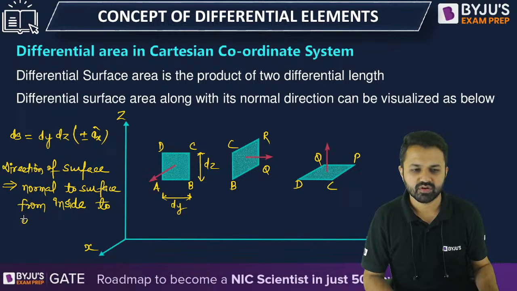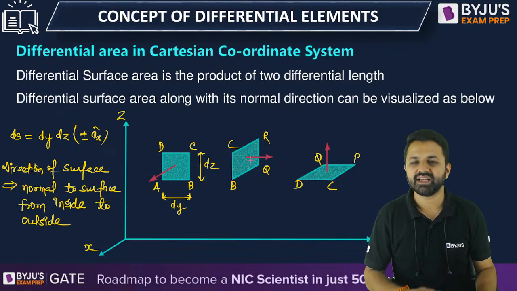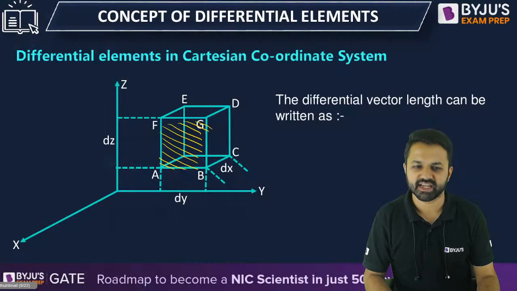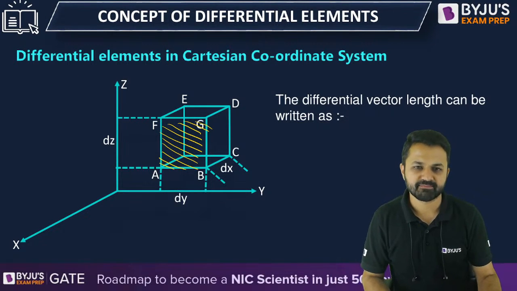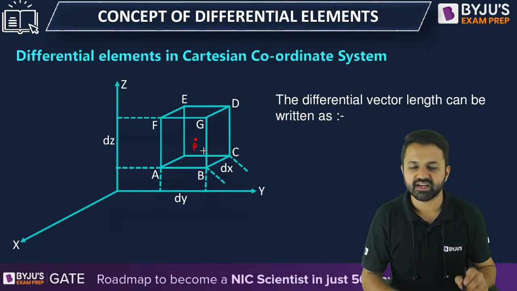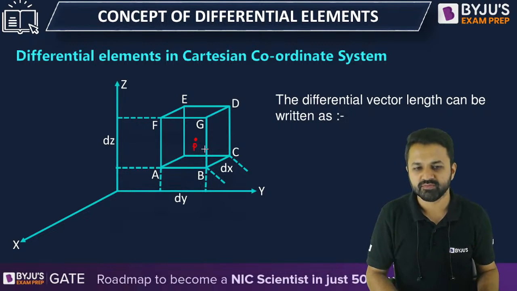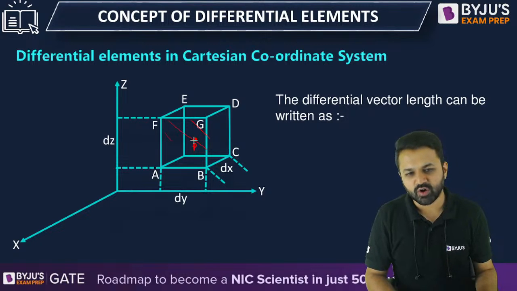From inside to outside, you have to take the direction. Like in this case, suppose this is the point which is inside the differential volume. So this is ABCD which you want to take. Now inside to outside, when you move in this direction.